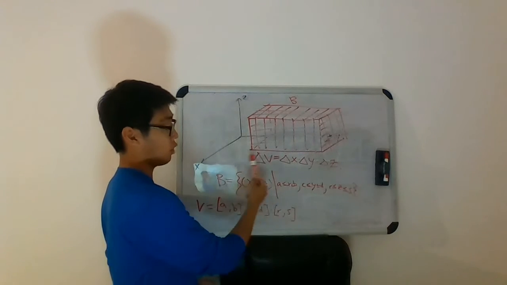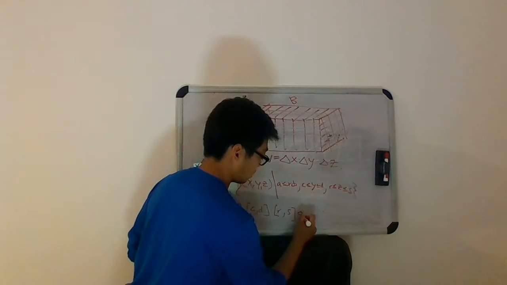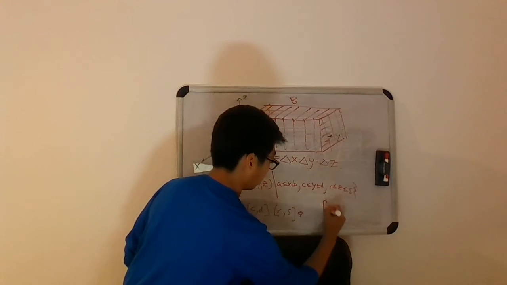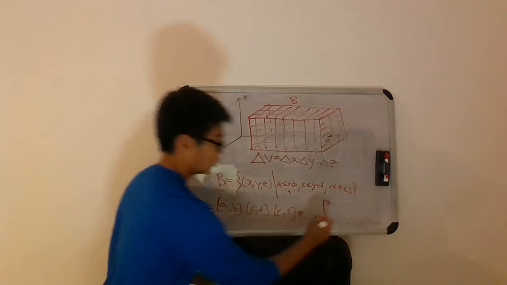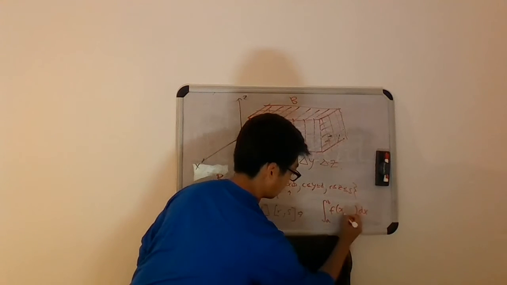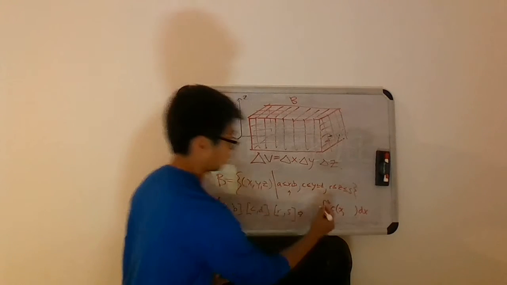And since this rectangular box B is bound by these values, the triple integral for finding the volume of this box B can also be written as this. The integral from a to b, which is with respect to x here, and then the integral from c to d, which is with respect to y.